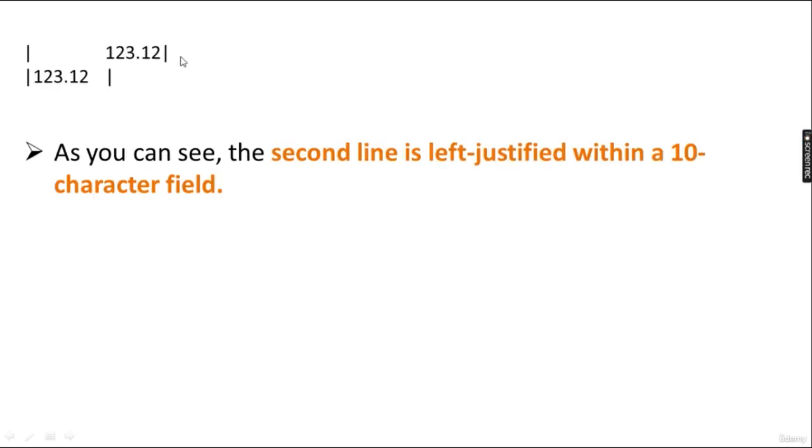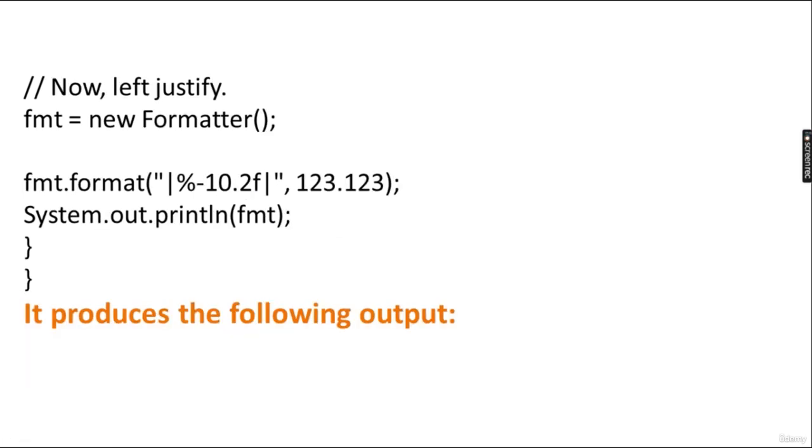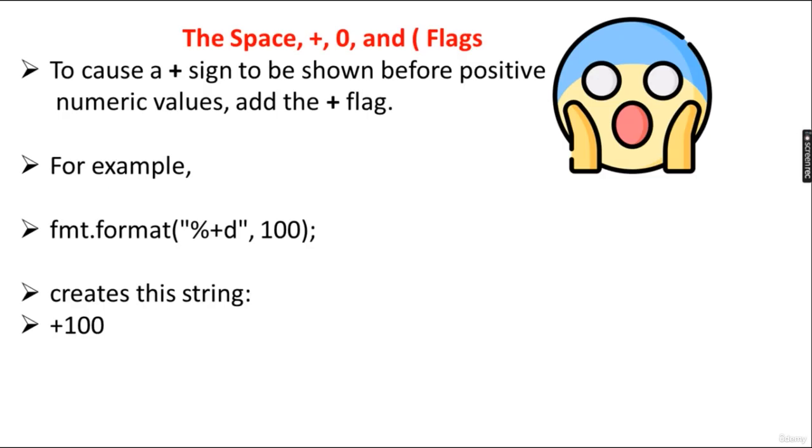It is right justified by default, and left justified is displayed over here. The second line is just left justified within the 10 character field. So it is intentionally kept as left justified.